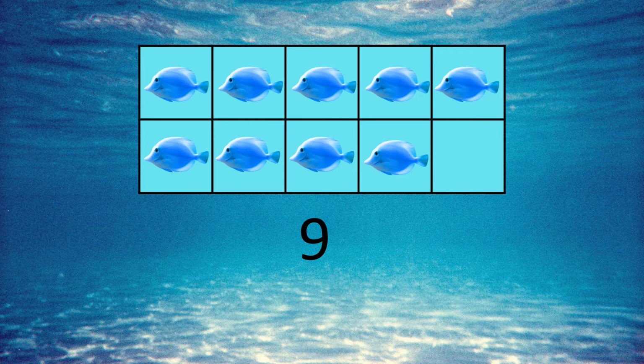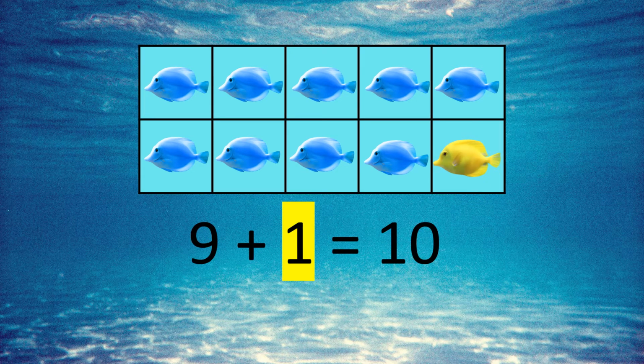In this 10 frame, there are 9 fish. This 10 frame is not full, so we know that there are not 10 fish. How many more fish do we need to make the 10 frame full? Well, we can see that there's only one empty square, so we only need to add one more fish.